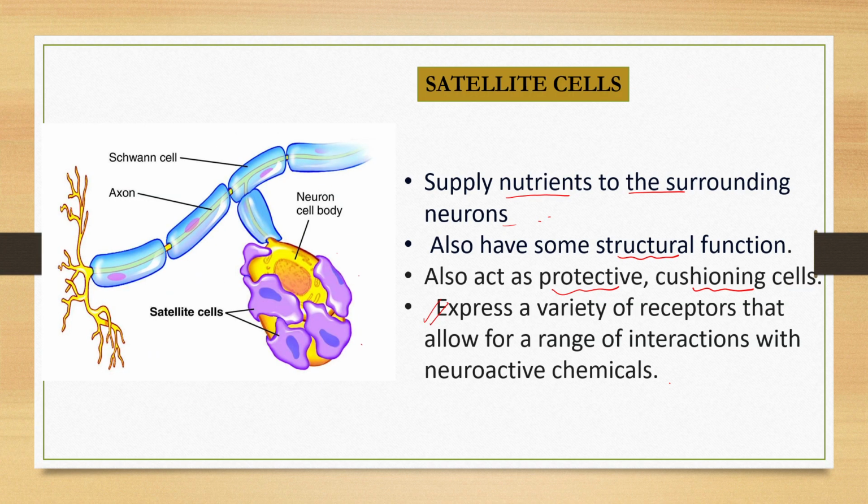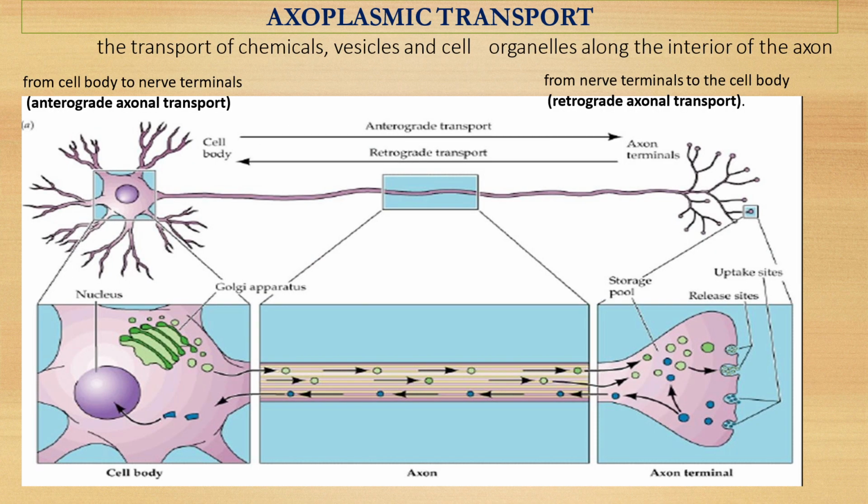Let us do some questions for your better understanding. And before that, let's complete another topic, that is axoplasmic transport. What is axoplasmic transport? It is the transport of chemicals, vesicles and cell organelles along the interior of the axon.